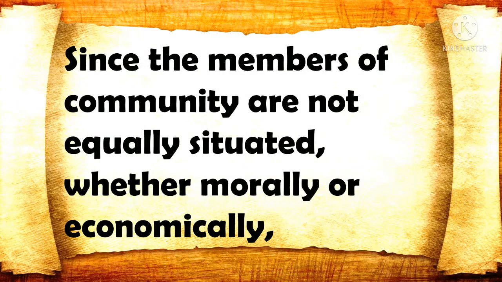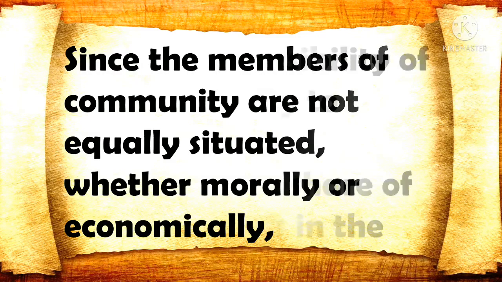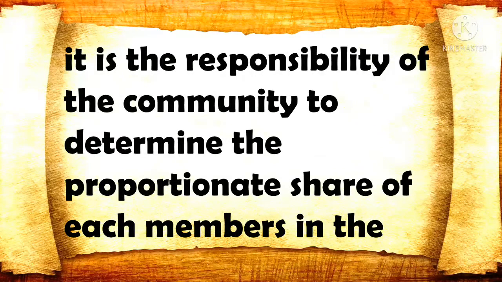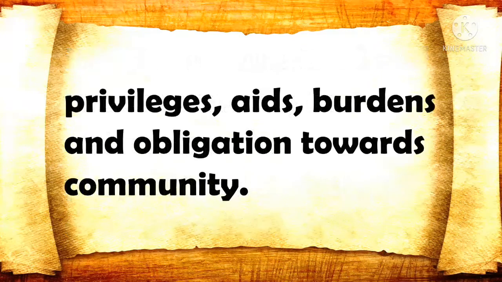Since the members of the community are not equally situated, whether morally or economically, it is the responsibility of the community to determine the proportionate share of each member in the privileges, aids, burdens, and obligations towards the community.